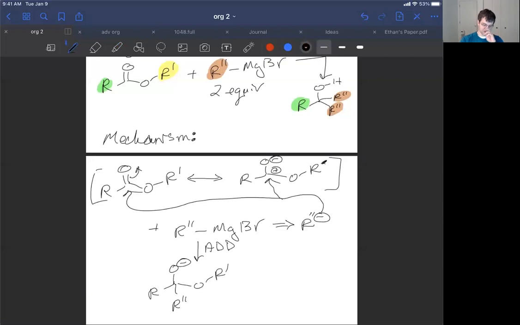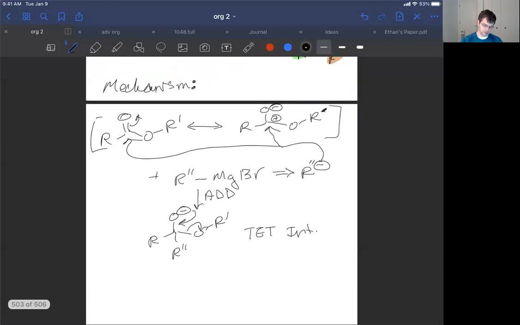The O minus is certainly countered by the MgBr from the Grignard reagent, but I don't want to worry about that. I want to focus on the fact that the O minus wants to come back down and eliminate from this tetrahedral intermediate to form this species. And we form a ketone.